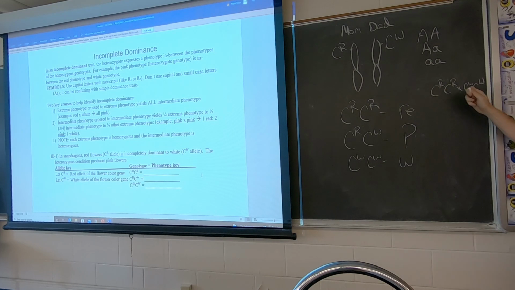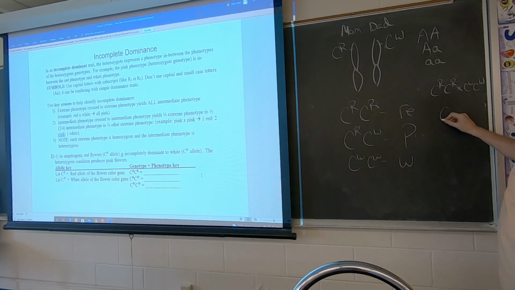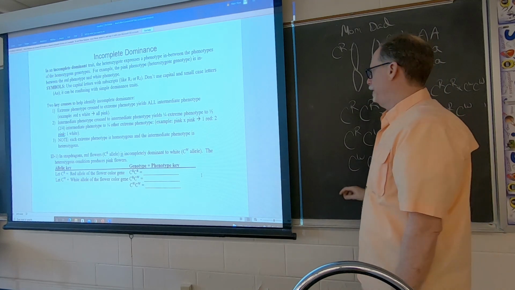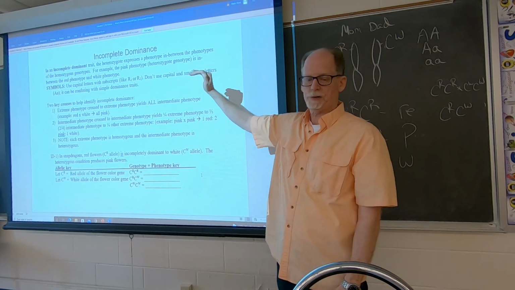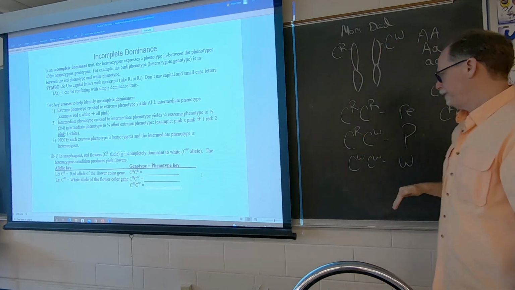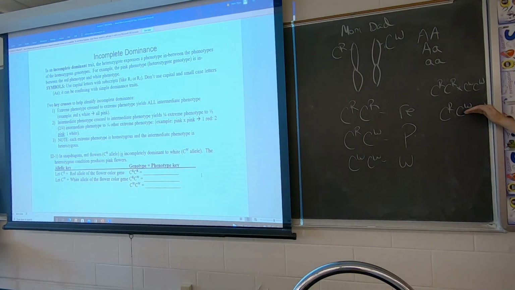We say red and white, and those are homozygous states, and that generates in the F1 the heterozygous state. So the F1 will tell you what you want to know about whether it's incomplete dominance or if it's dominant. If it's in the heterozygous state, in the F1, if you don't see red or white, then it's incomplete.